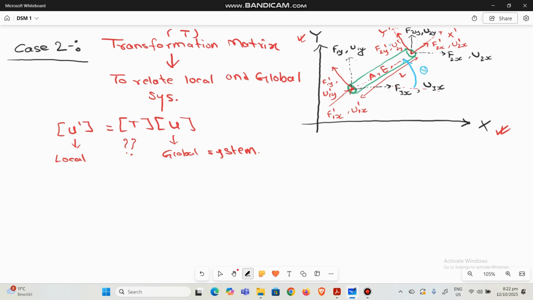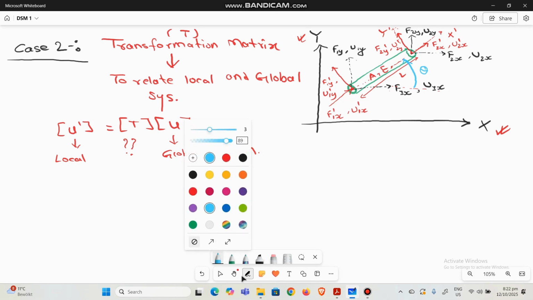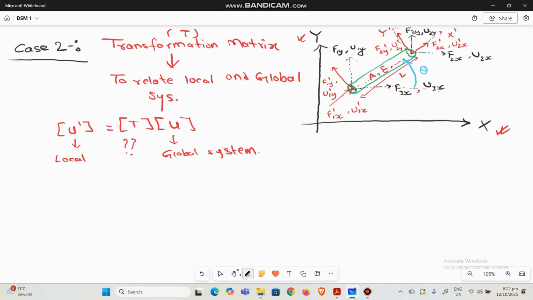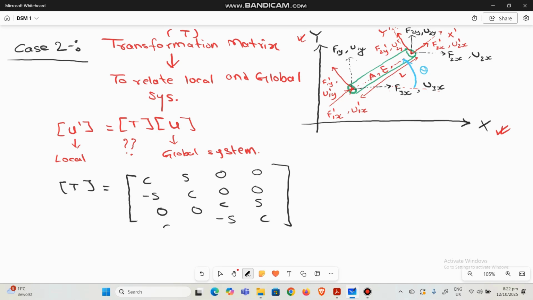Then the transformation matrix T would be C S minus S C, C S minus S C, and the rest of the terms 0.